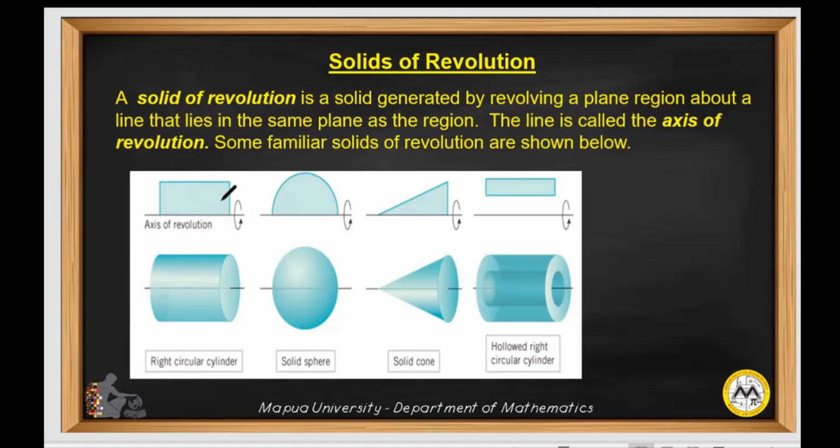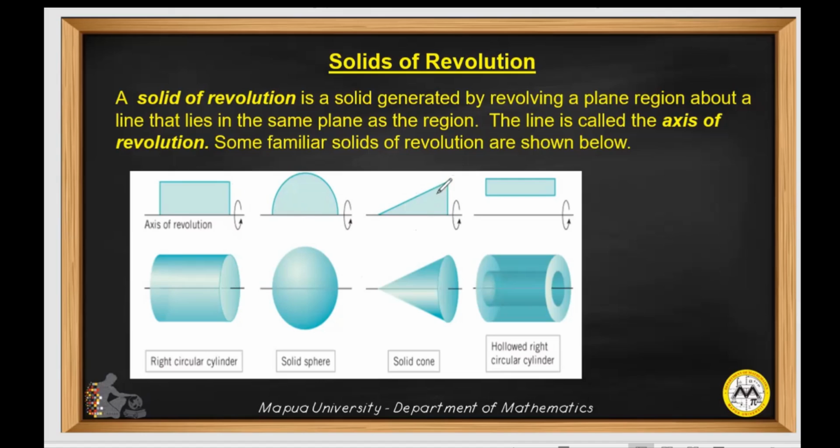Now, imagine rotating this rectangular plane about the axis of revolution. We can form a right circular cylinder if we rotate this rectangular plane region about the axis of revolution. On the other hand, if we have a semicircle, rotating it about the axis of revolution can form a solid sphere.